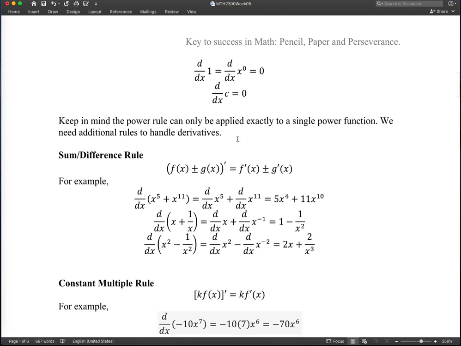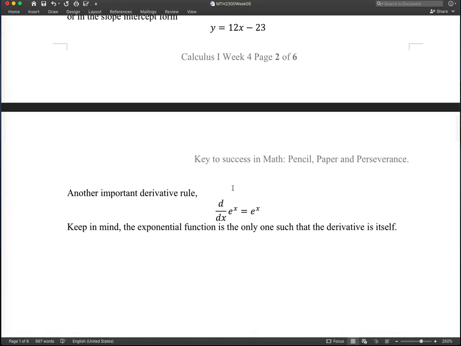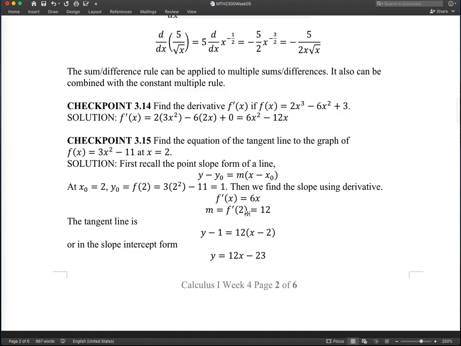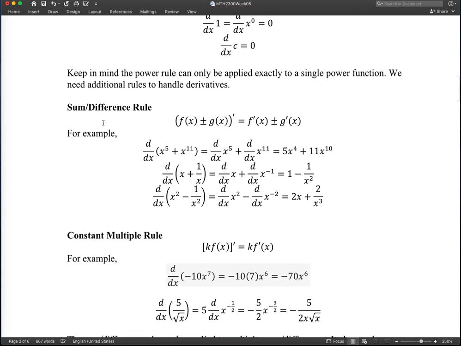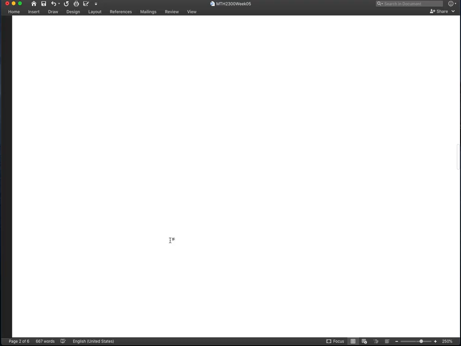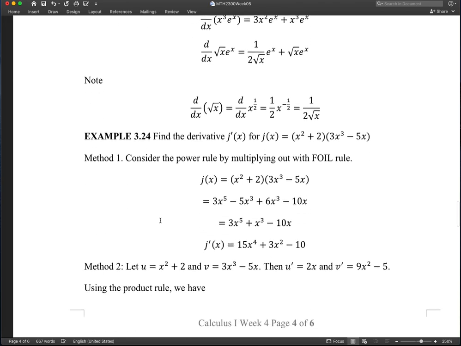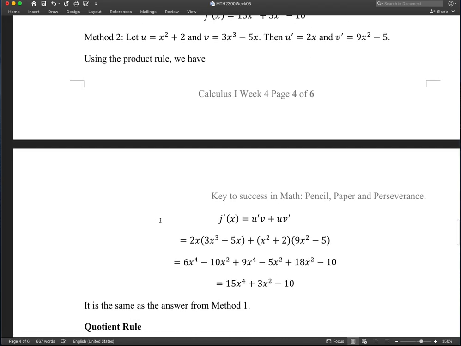And then we have the exponential rule, which tends to be the derivative of itself. And also we have the sum and difference rule. Then we have the constant multiple rule. And we also have two slightly more complicated rules, the product rule and quotient rule.